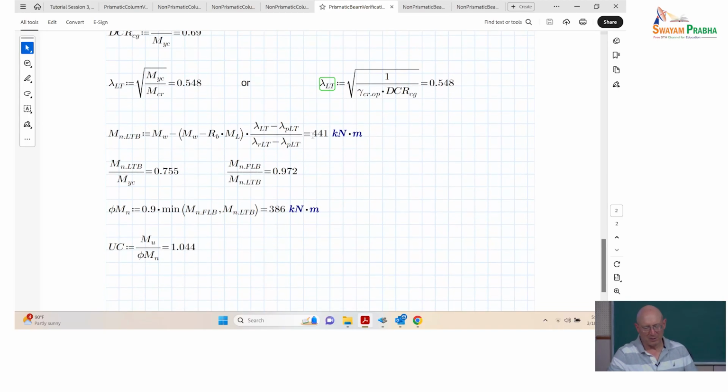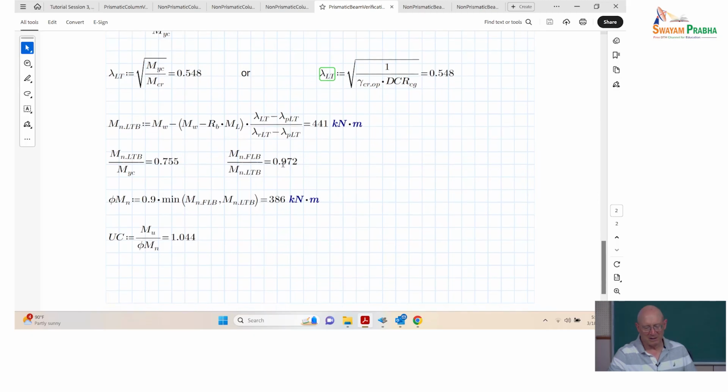So here's the LTB equation. We got 441 kilonewton meters, and so 75.5% of the yield moment. And we can see the flange local buckling here is about 3% smaller than the lateral torsional buckling moment.